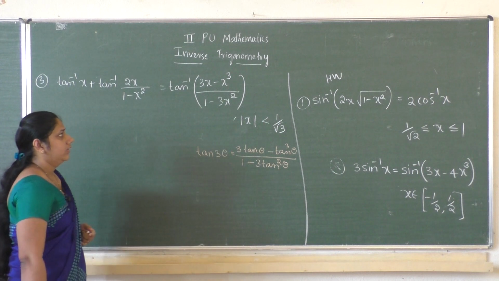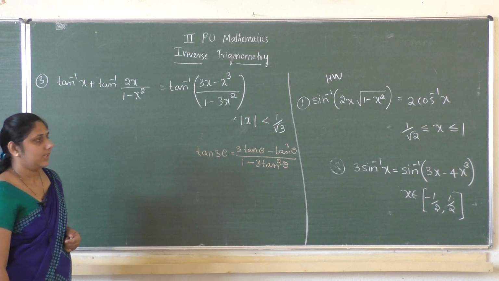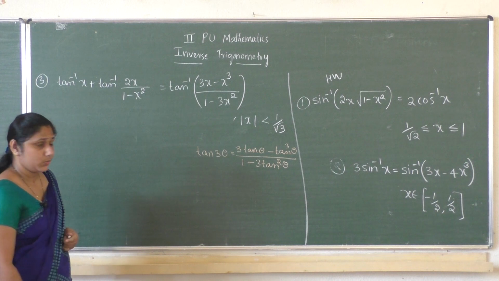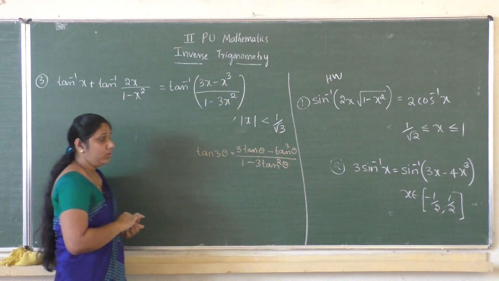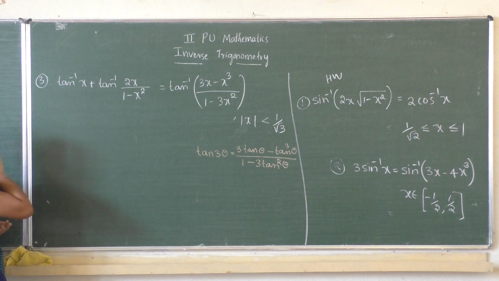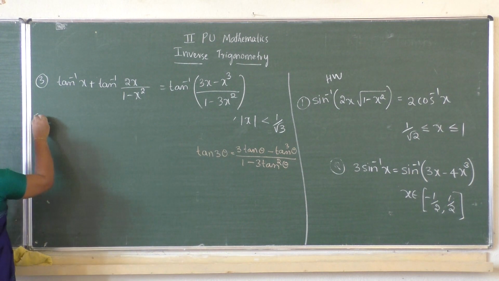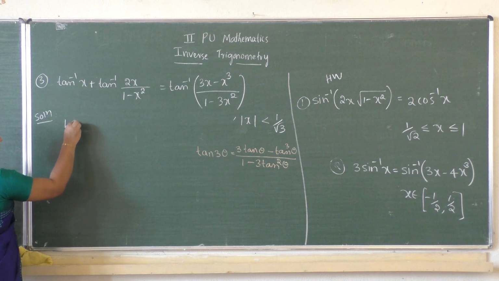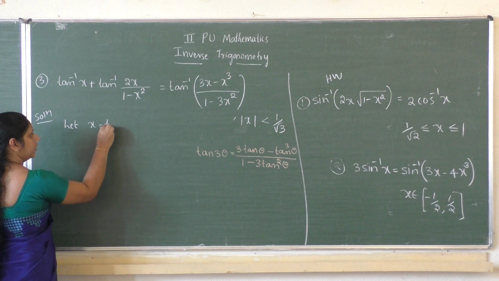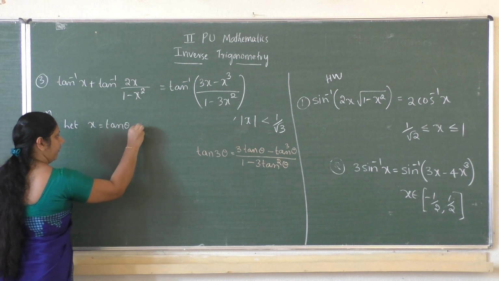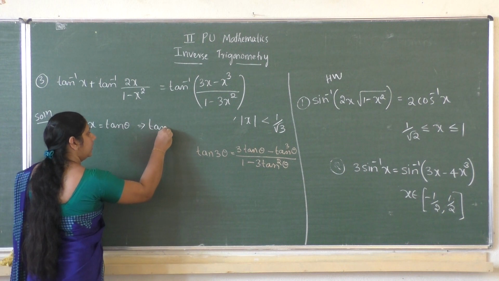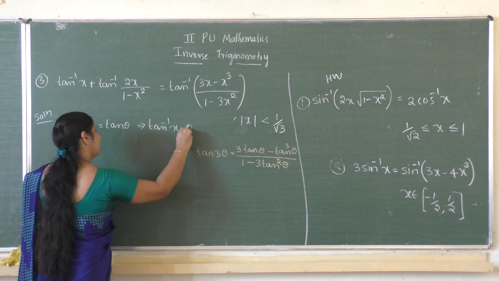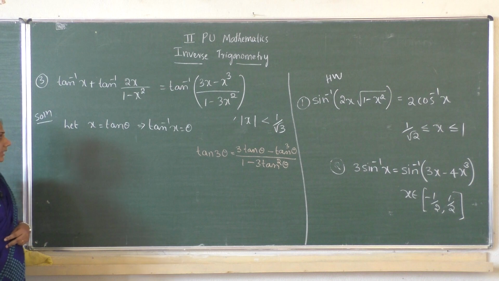See, we have 3x minus x cube by 1 minus 3x square. In the place of x we have tan theta, right? So we have to take x equal to tan theta. So solution, let us take x equal to tan theta. If x equal to tan theta, then tan inverse x will be equal to theta.